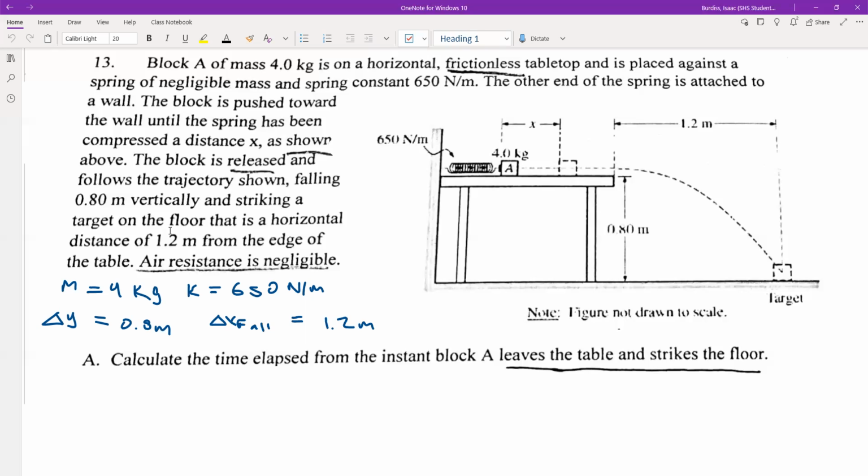That's only for when there's springs, things in simple harmonic motion. When it leaves the table, that's launched horizontally. That's something to take note of. So that means we need to use kinematics.